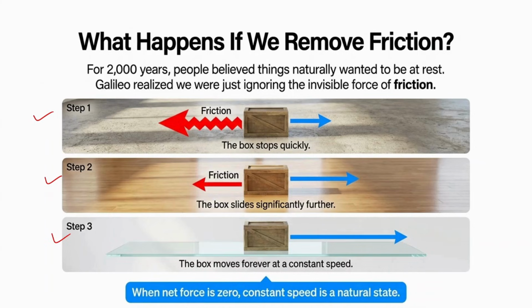After some time, the box will stop. Why has it stopped? There must be a force acting on this box. It will undergo some kind of deceleration. We know the concept of deceleration. So it may stop after some time.